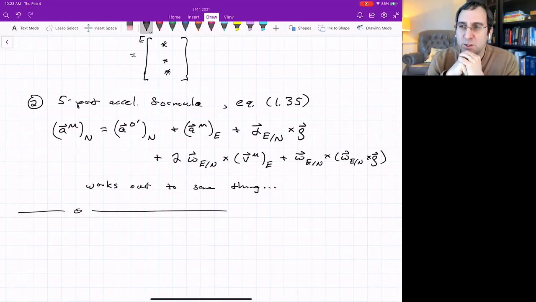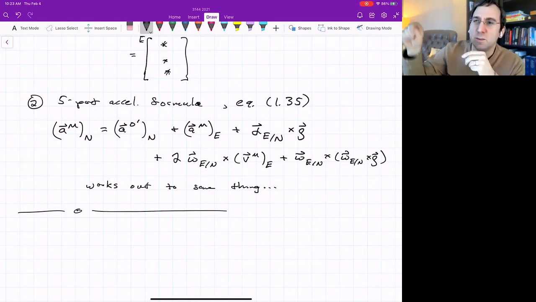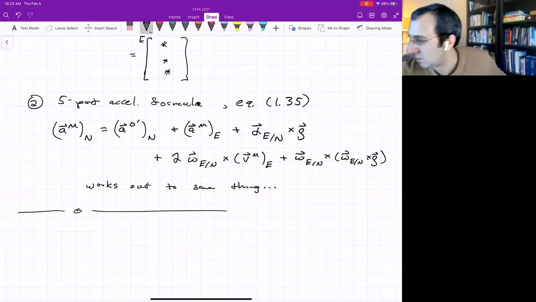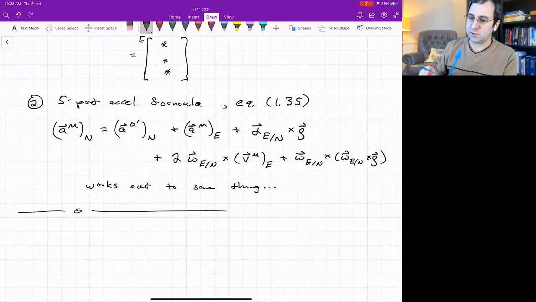Also, there's always confusion about, well, what's the origin of my moving frame? And if you use the transport theorem, you don't have to worry about origins of moving frames. So you just think of the vectors, the unit vectors of the moving frames, as just directions. They're not attached to any origin.